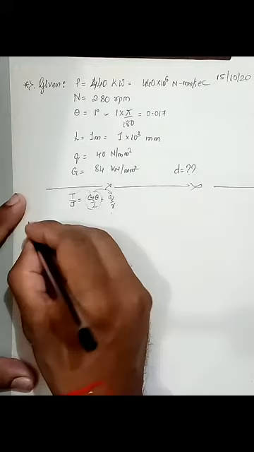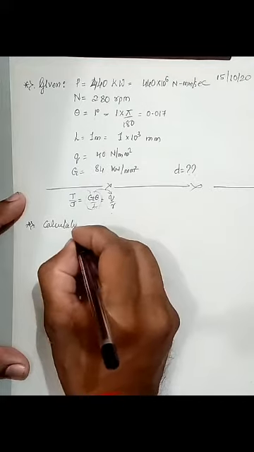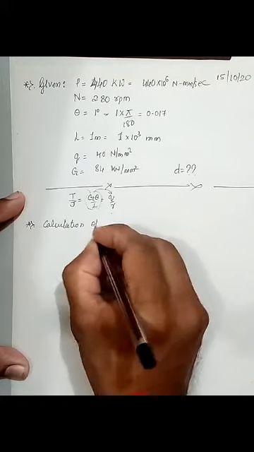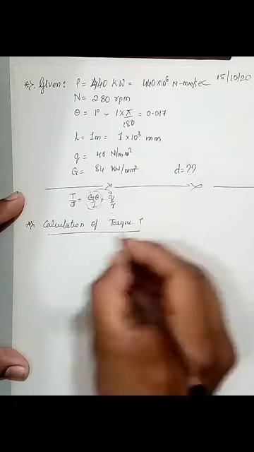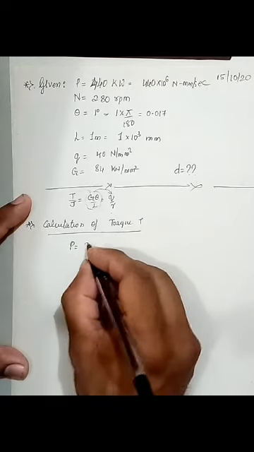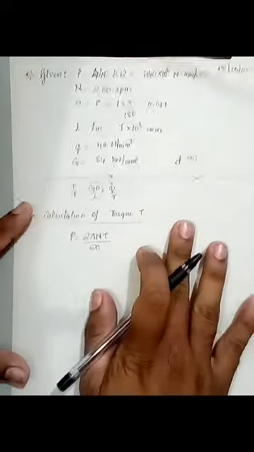Okay, so first of all goes the calculation of torque T. We have the equation for power, P equals 2 pi N T by 60.